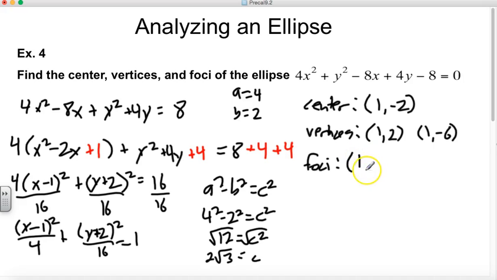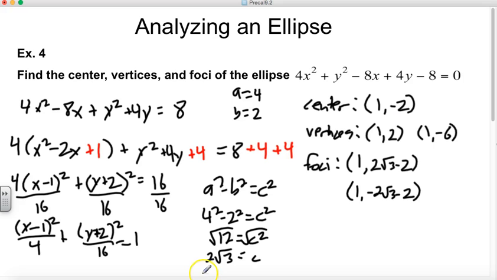So my foci are at 1 and 2 square root of 3 minus 2 if we added it on. And then our other foci is going to be at 1 and then negative 2 square root of 3 minus 2 if we subtracted it to go down. So there's our two foci, our two vertices, and our center.